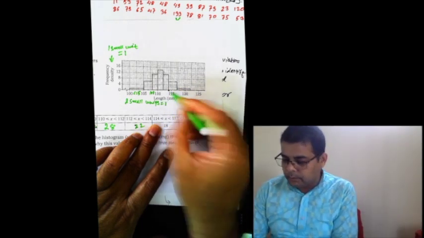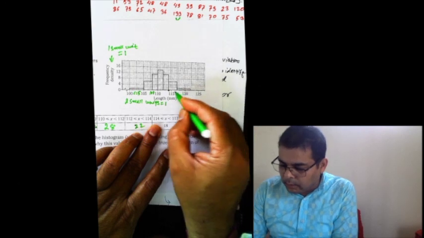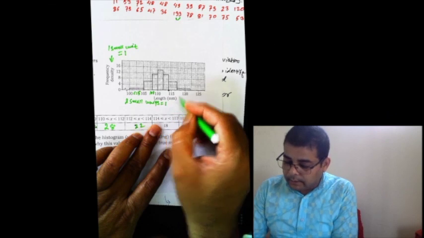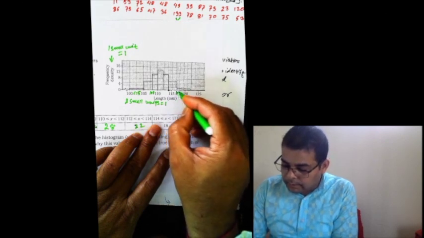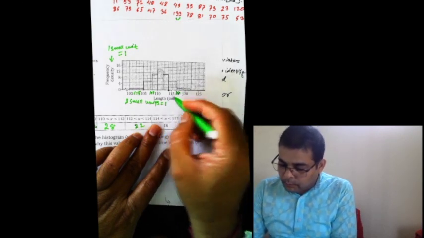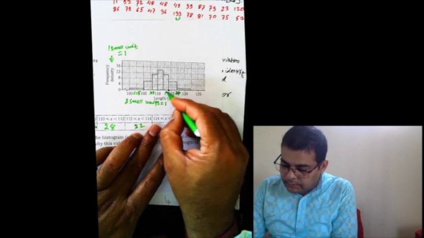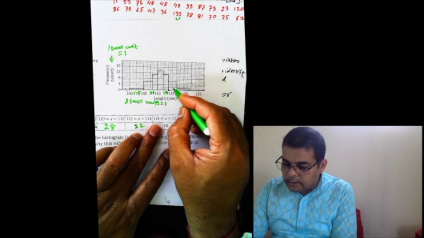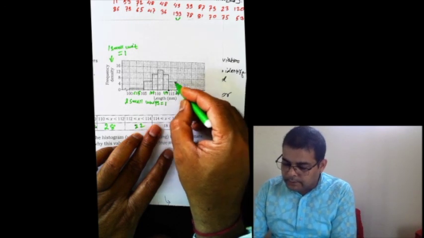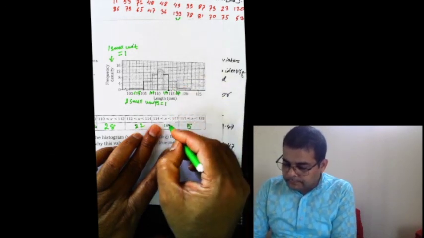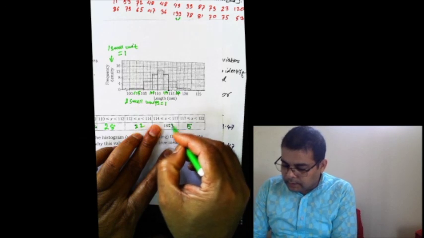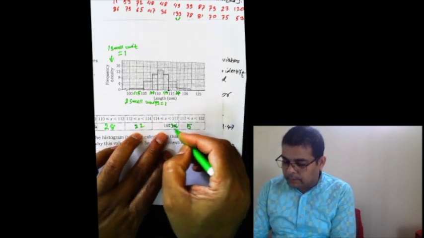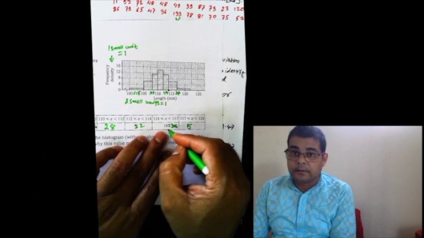So from 114 to 117, the gap is 3, and the height you can see here is up to 4, 5, 6. So 3 is the class width and 6 is the frequency density, and therefore 3 times 6 is 18. So this is correct.